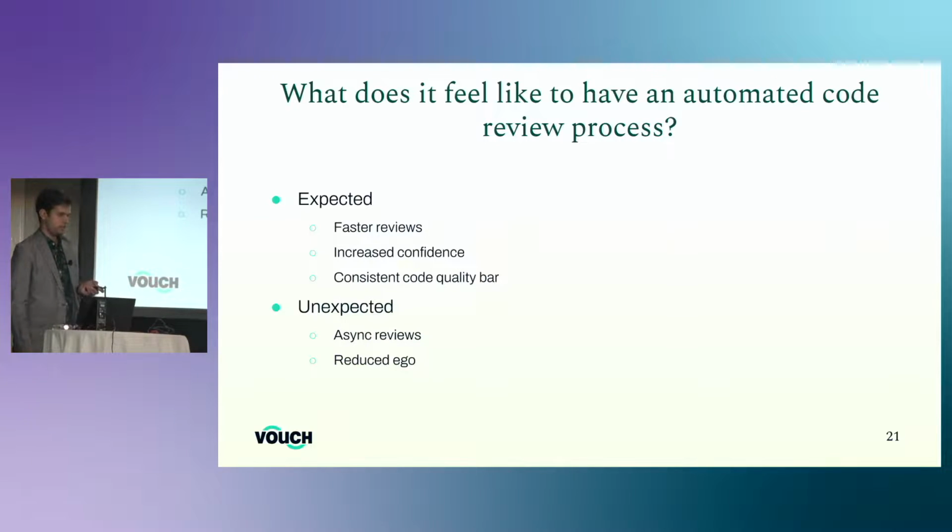And also reduced ego, because the humans in the loop can focus on what is important to comment on. They don't have to comment on nitpicky style or other sorts of issues. They can say, maybe you should join against this other table instead of this table, stuff like that, which is actually important, and that's going to move the bar. And you can have the computer do the rest.